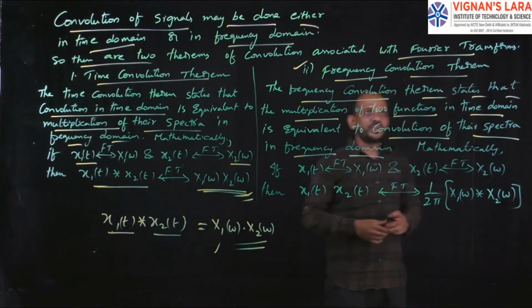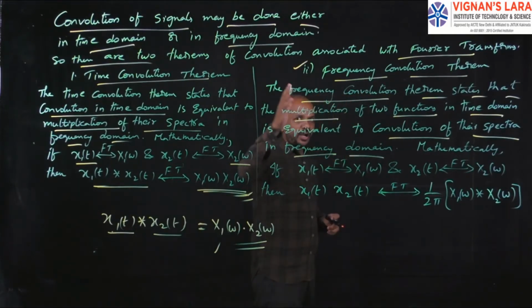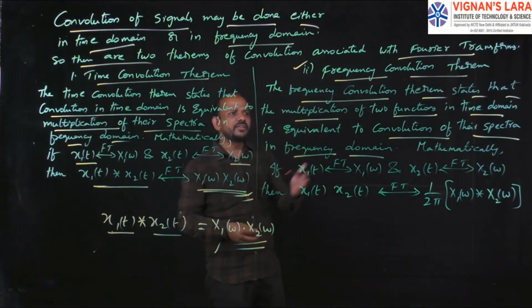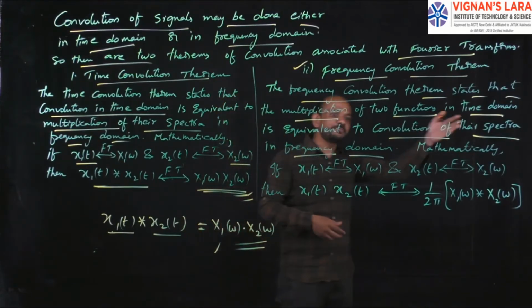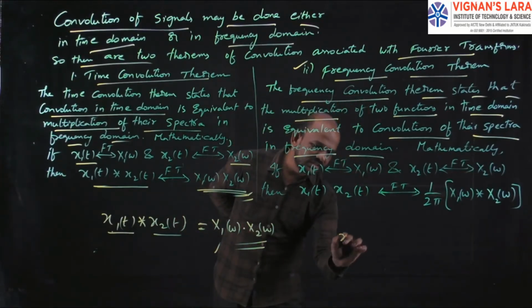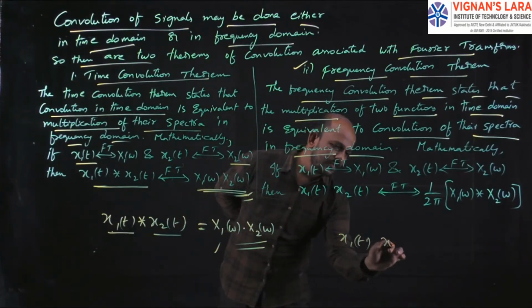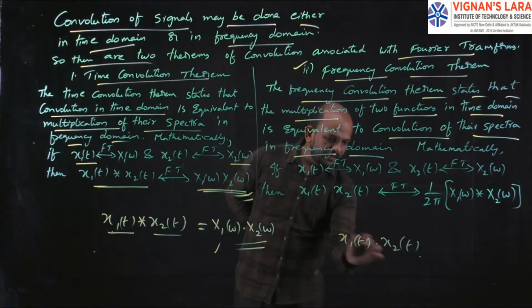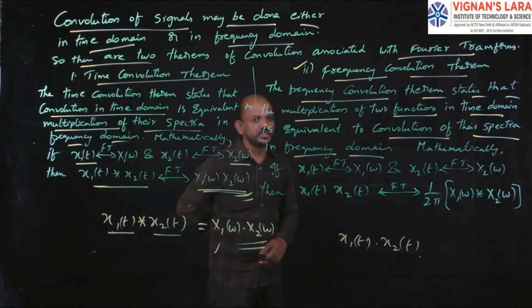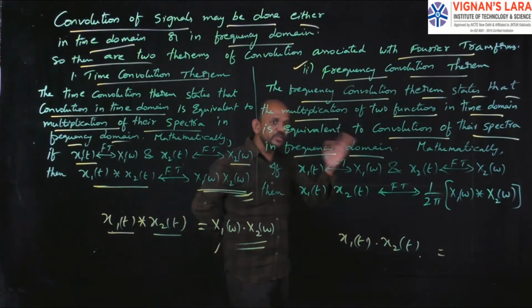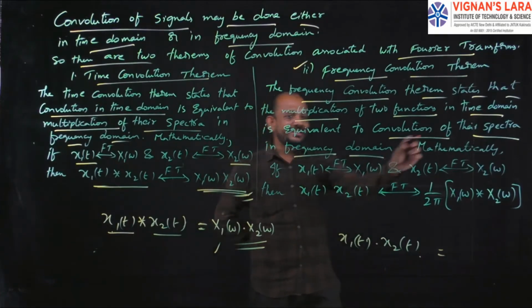So in frequency convolution theorem, I had taken the multiplication of the two functions in time domain. So that will be equivalent to convolution of their respective spectra in frequency domain. So here also take two signals, x1 of t, x2 of t. Now in time domain, if I go for the multiplication of these two, then that will be equivalent to convolution of the spectra in frequency domain.